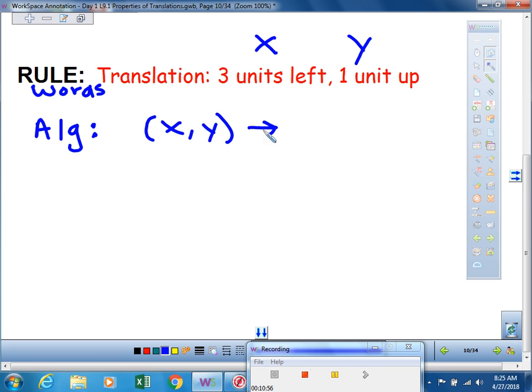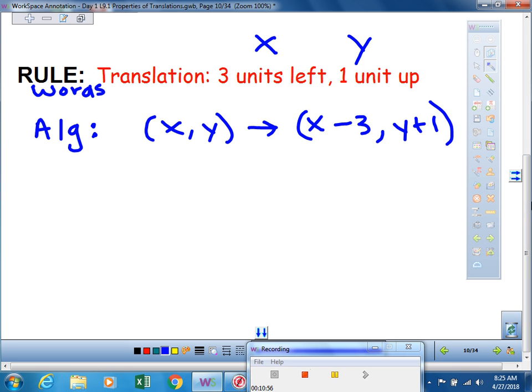So xy becomes, and then you're going to put x, and what are you doing to the x? When you go to the left on the x-axis, are you adding or subtracting? Subtracting, so you're going to go x minus 3, and then when you go up on the y, are you adding or subtracting? So y plus 1. That's the algebraic rule.